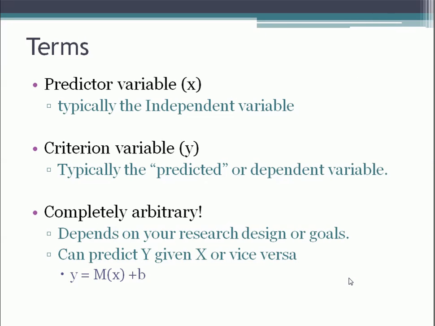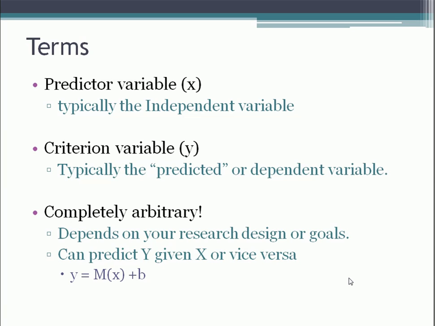So when we talk about correlation, we can talk about predictor and criterion variables. The predictor is typically independent, the criterion is typically dependent, although with standard correlation research, we're not manipulating any variables, and so these monikers are relatively arbitrary.